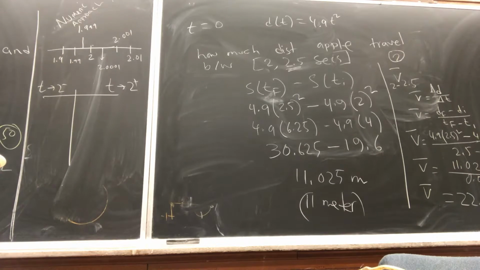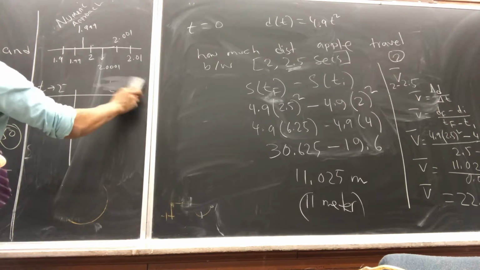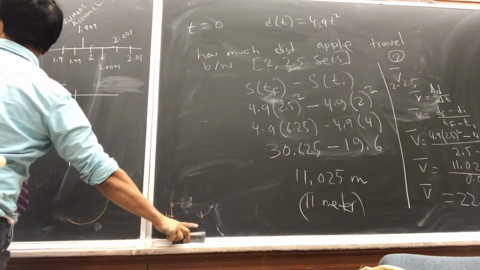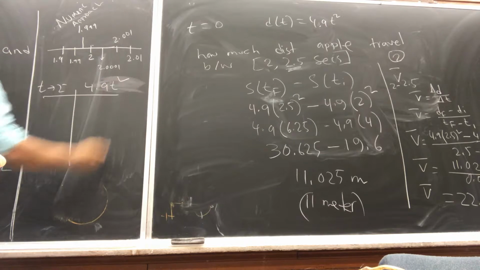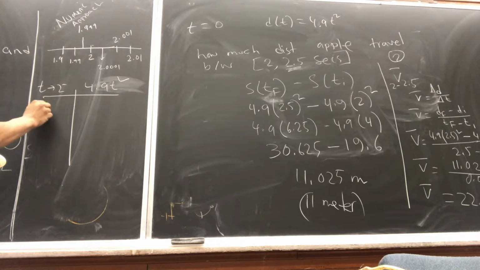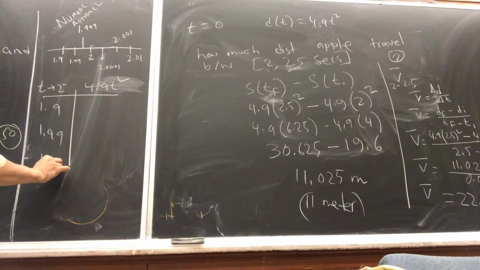Let's write down the function here on this side. Our function is 4.9 t squared. Let's do 1.9, 1.99, 1.999.